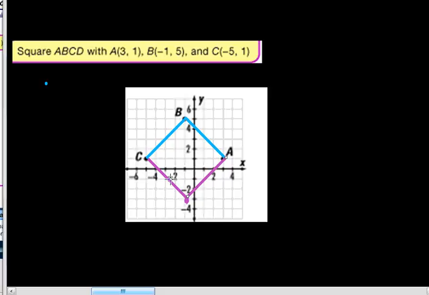A square also has four right angles, so in order to be perpendicular, the product of the slopes has to be equal to -1.